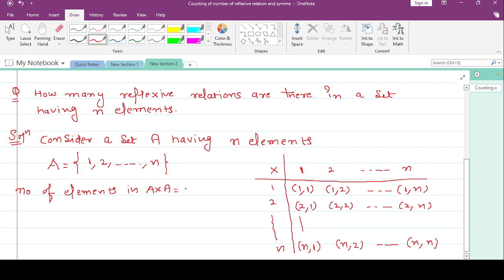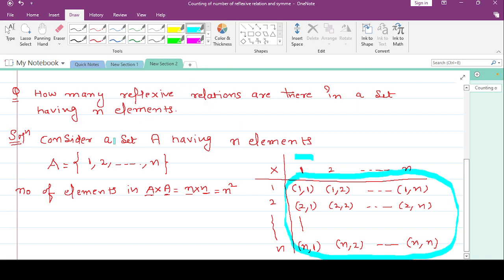These are equal to n cross n, because in set A we have n elements, and in set A again we have n elements. So n cross n means we have n square elements, from here to here. Now next, count the elements on the diagonal.